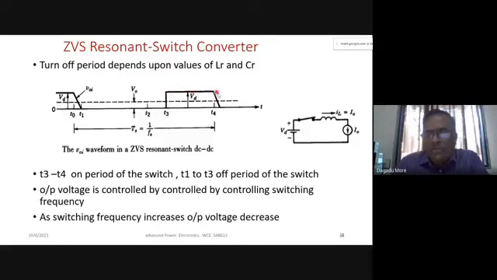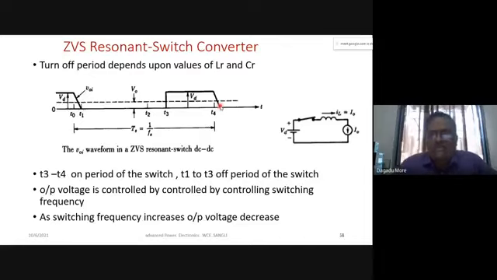Here, if you increase frequency, which period will decrease? Our off period is fixed. If you increase frequency, the T period will decrease, and as our off period is fixed, our on period will decrease.